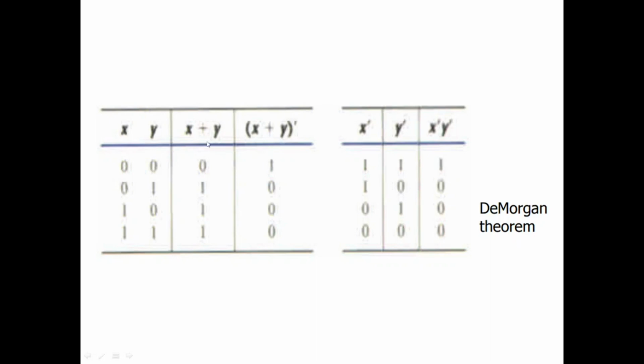So first, what is x plus y? 0 plus 0 is 0, 0 plus 1 is 1, 1 plus 0 is 1, 1 plus 1 is 1. And (x plus y) the whole dash is the complement of this x plus y. So 0 is 1, 1 is 0, 1 is 0, 1 is 0. So this is LHS. (x plus y) the whole dash is LHS of De Morgan's theorem.